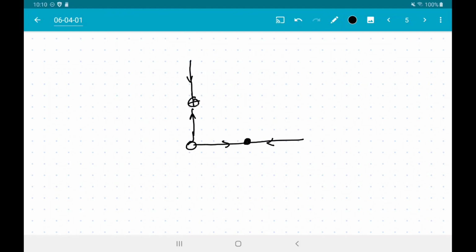Okay, the saddle has a stable manifold, which is the line of points that comes in, but then it also has this unstable manifold. These are points that converge to the saddle if you reverse time.